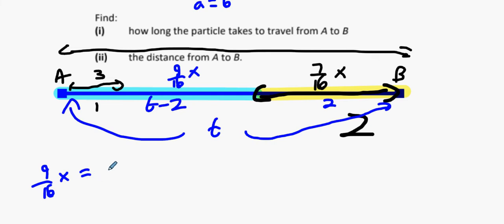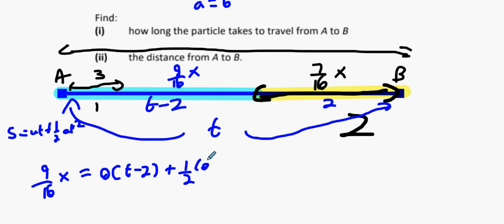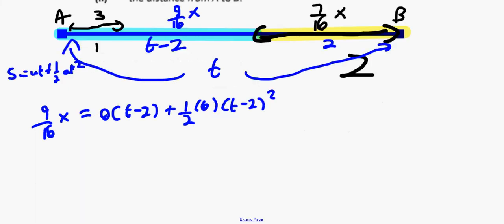So we go for 9/16 x equals, using s equals ut plus a half at squared. So it's going to be 0 times t minus 2 plus a half at squared, so it's going to be a half times 6 times t minus 2 squared. So I'm going to get 9/16 x equals 3 times t squared minus 4t plus 4.